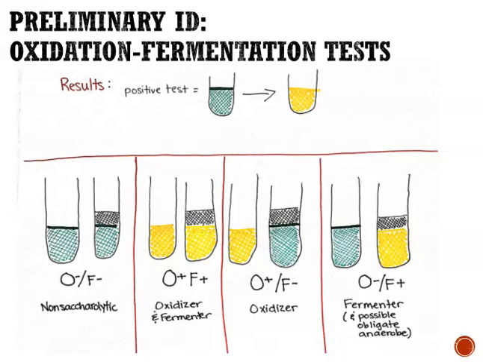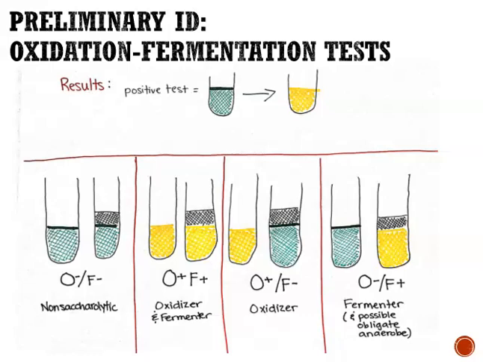The oxidation tube is left aerobic. So here's just the difference in the tube, that's what that's supposed to represent there, the mineral oil that's laid over top. So this would be your anaerobic tube. This would be your aerobic tube. The uninoculated tube is green. If the organism produces acid, it will turn yellow.